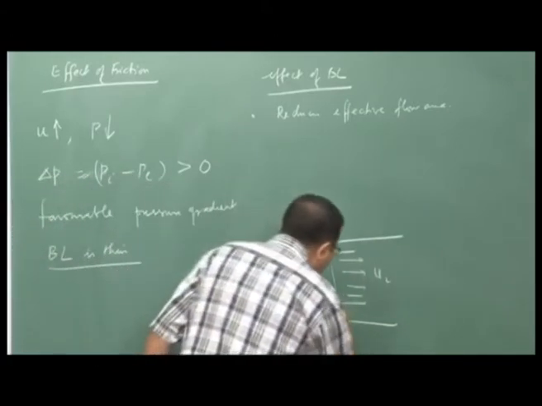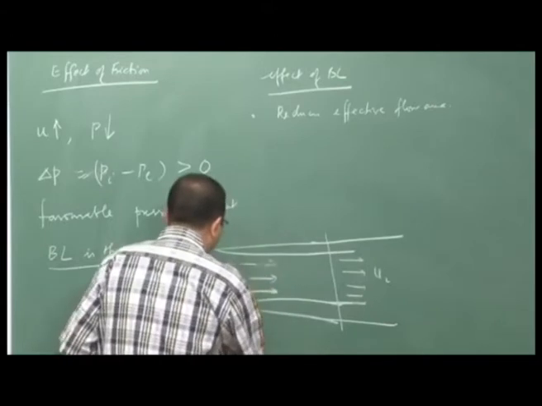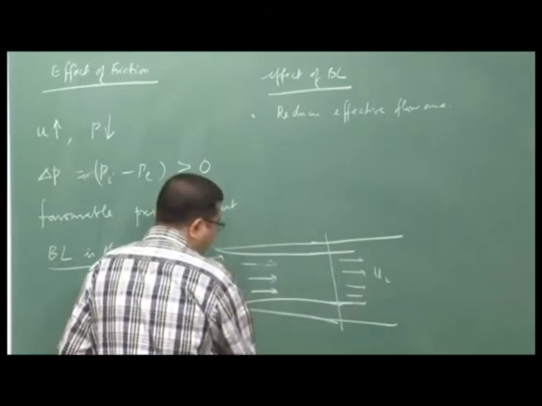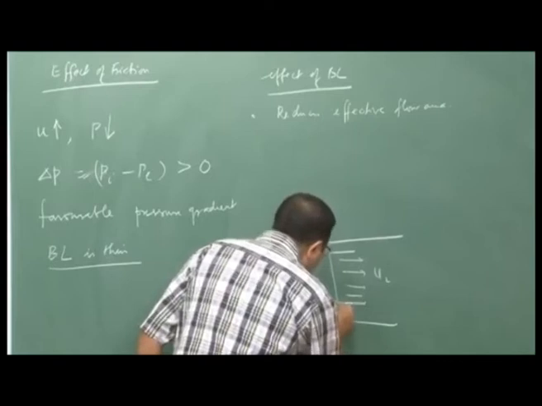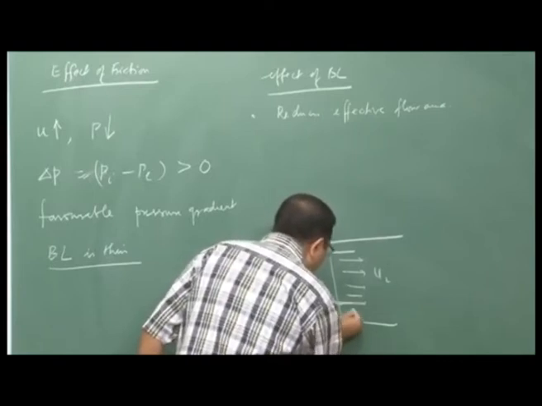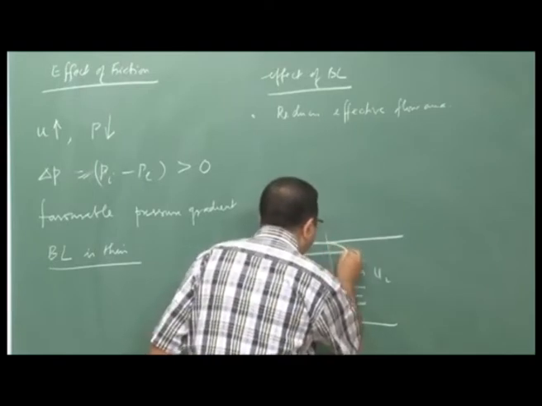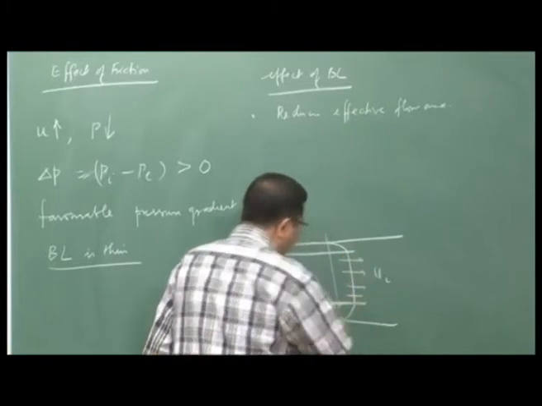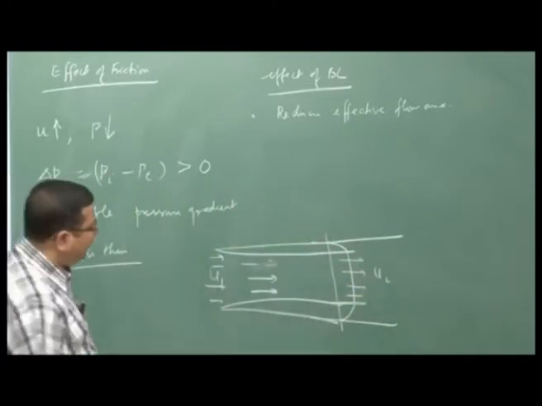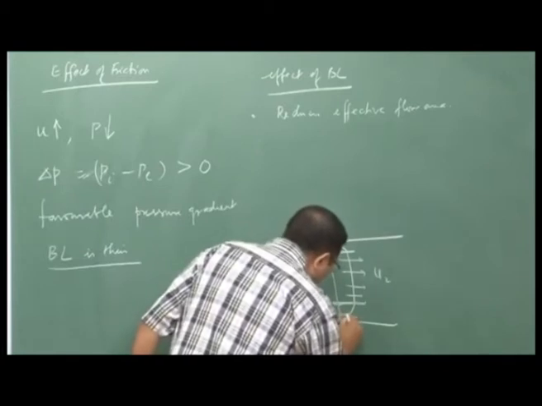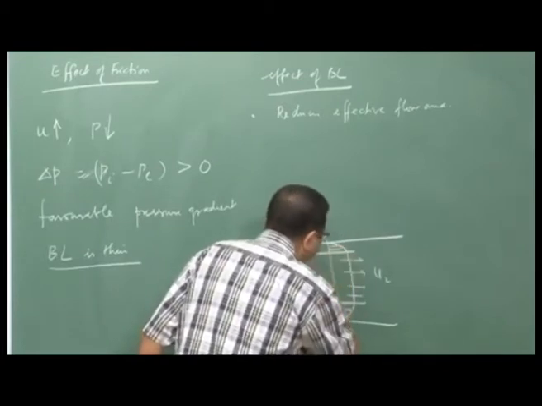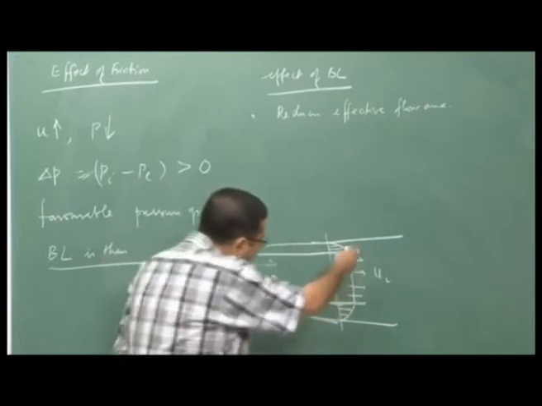The answer is no, because of the fact, actually this u1 is here at the entry. Because of the fact that here the velocity has gone down, right. If I draw the velocity profile here, close to the wall the velocity has gone down, in between it is uniform.